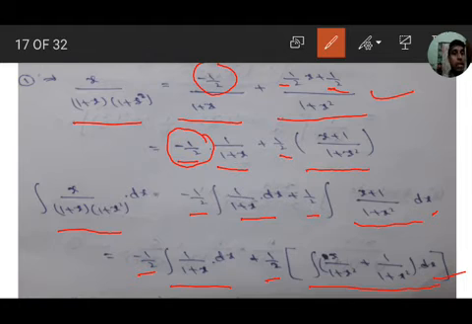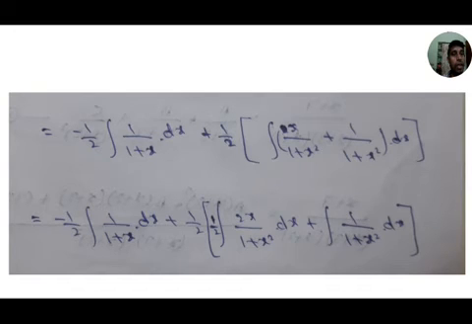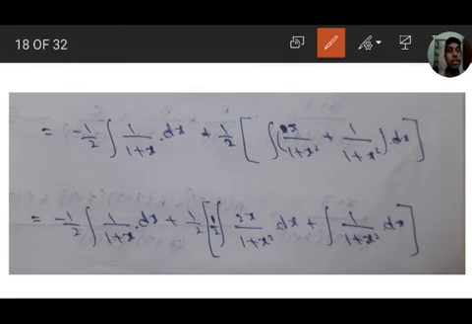Next, separating: minus 1 by 2 integration 1 by 1 plus x dx plus 1 by 2 integration x by 1 plus x square plus 1 by 1 plus x square dx.